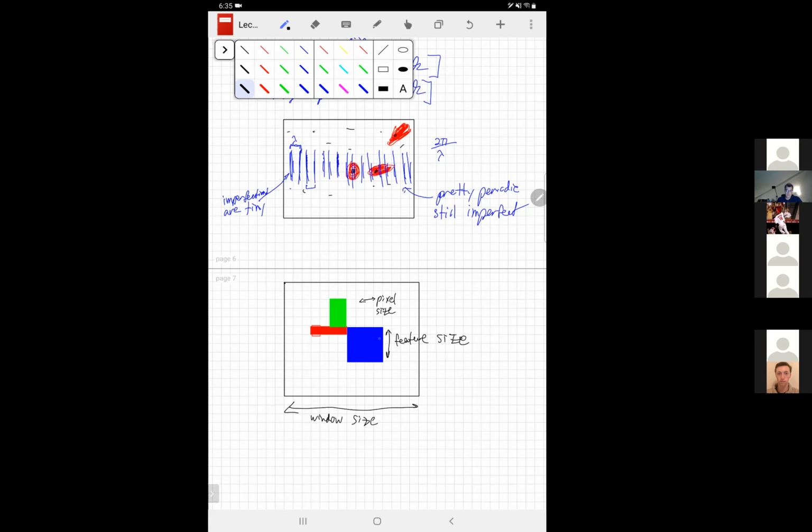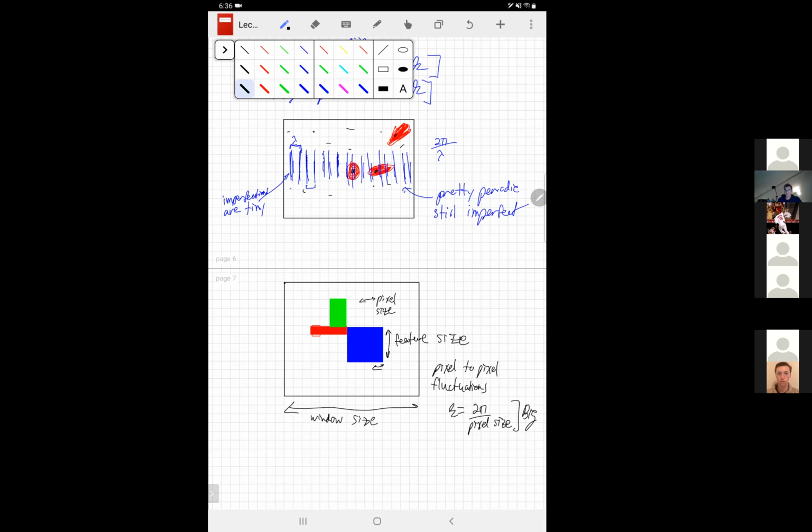So any fluctuation from one pixel to the next, pixel to pixel fluctuations, k is 2 pi over your pixel size. This is big. This is the highest spatial frequency you can see in your image. It's a fluctuation from one pixel to the next, okay?